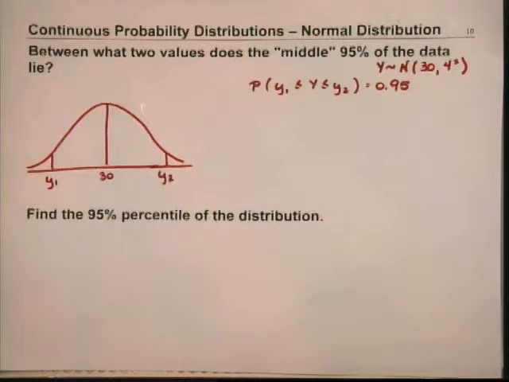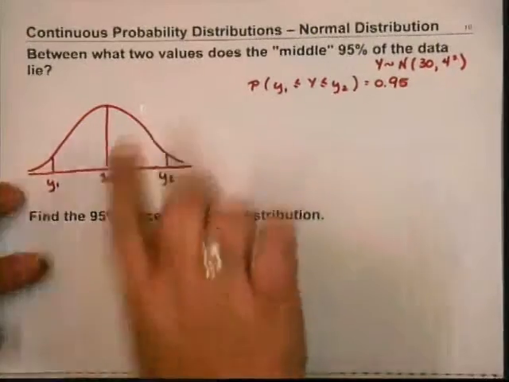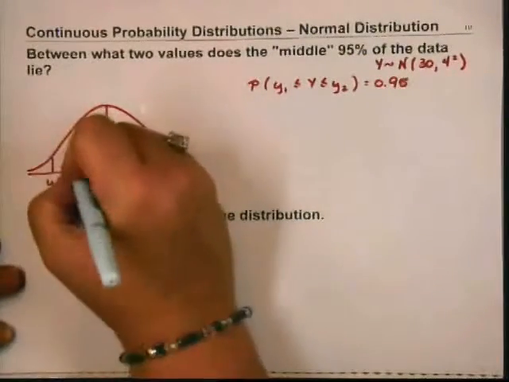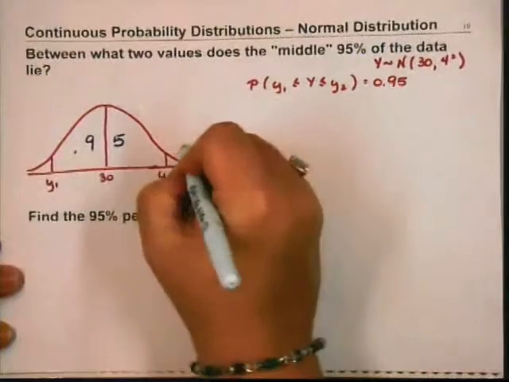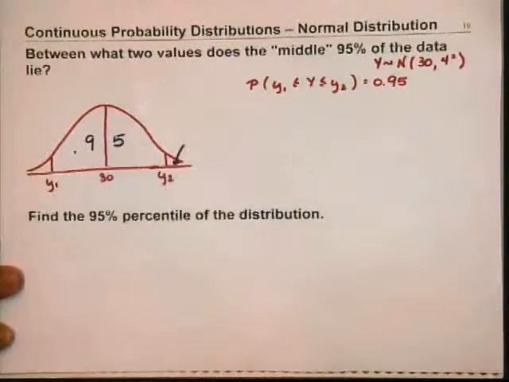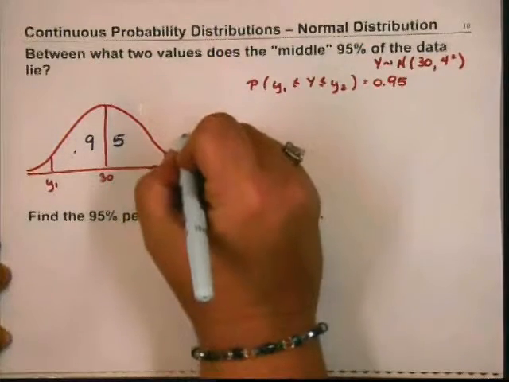Okay, so how do we do that? So if this is 0.95, how big is this piece? 0.025?